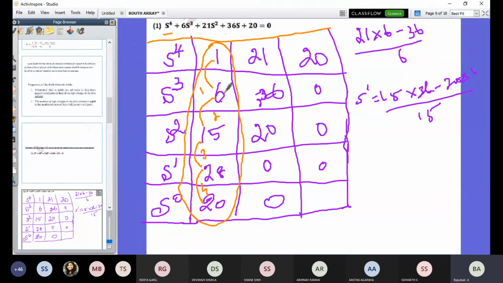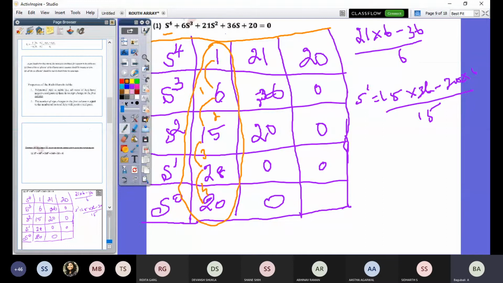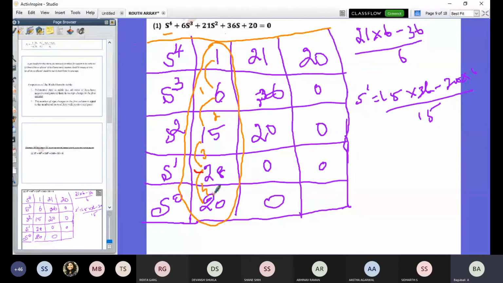While considering the sign changes, you can check how many roots are located in the right half of the S plane. We can see how many sign changes there are. Suppose, for example, one sign change is predicted. How many roots will be located in the right half of the S plane then?